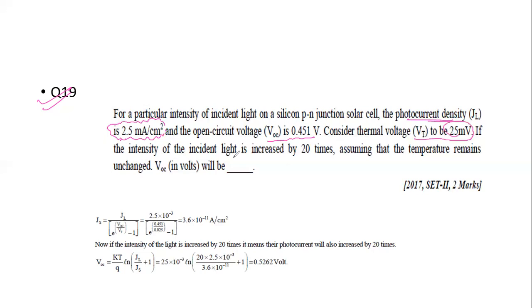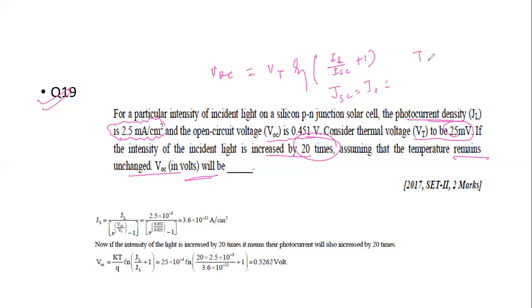If the intensity of the incident light is increased by 20 times, assume that temperature remains unchanged, then what is VOC? The VOC formula is VT ln(IL/IS + 1). Since you are given JL, you can find JSC, which is also called JS.